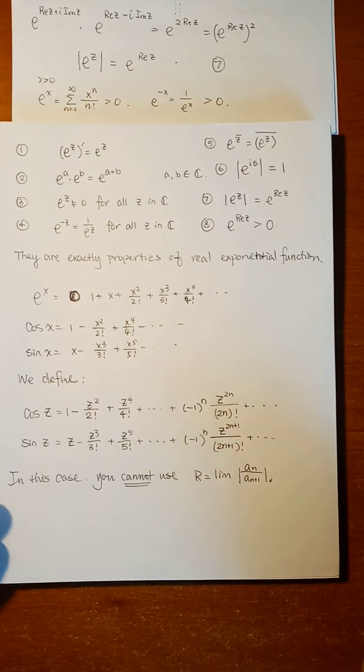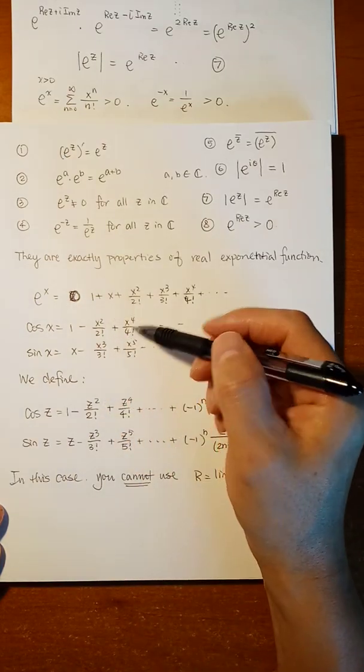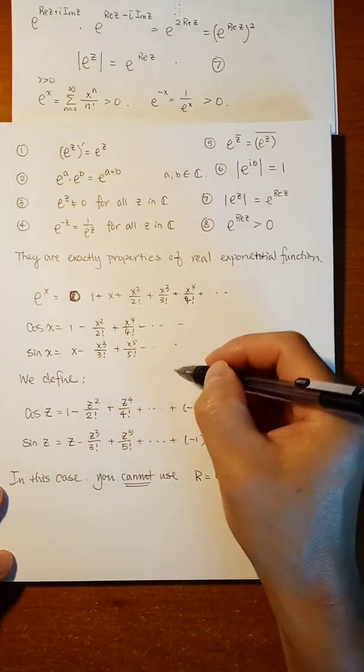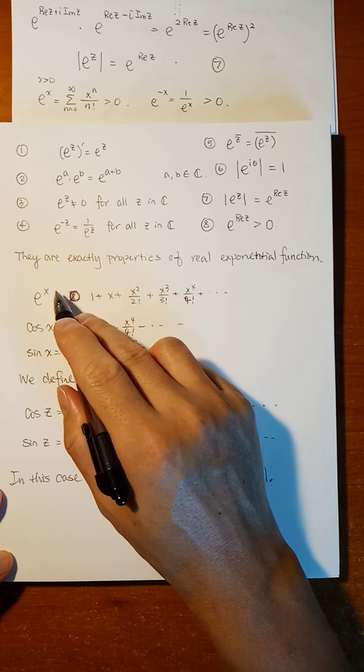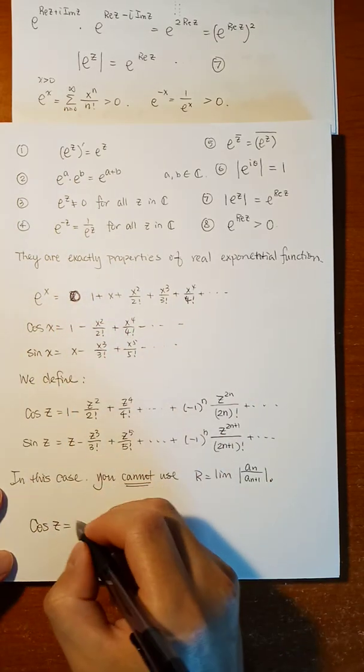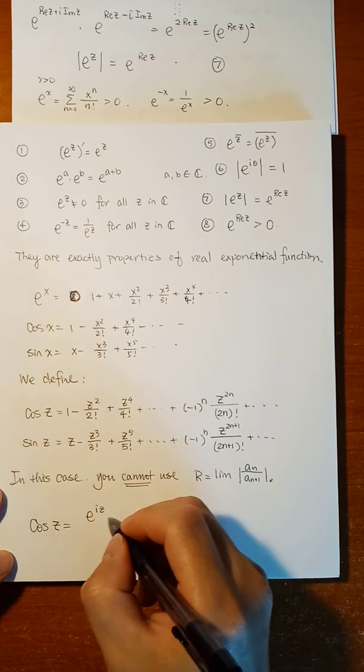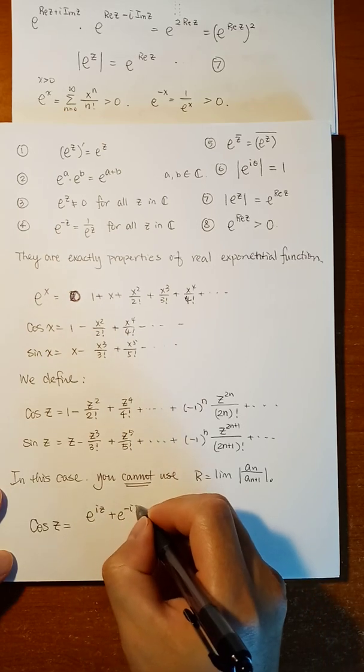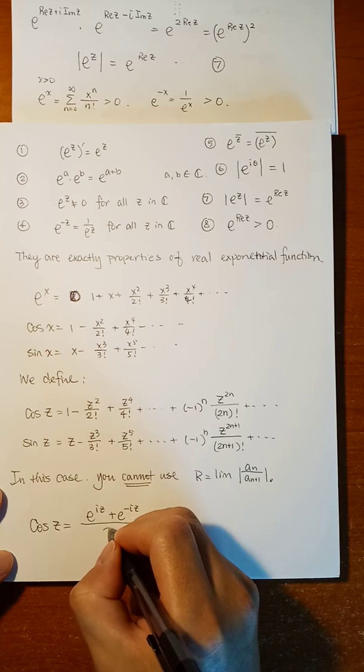Okay, and if you examine the relation between sine and cosine together with the exponential, you will see that the cosine of z is e to the iz plus e to the negative iz over 2.